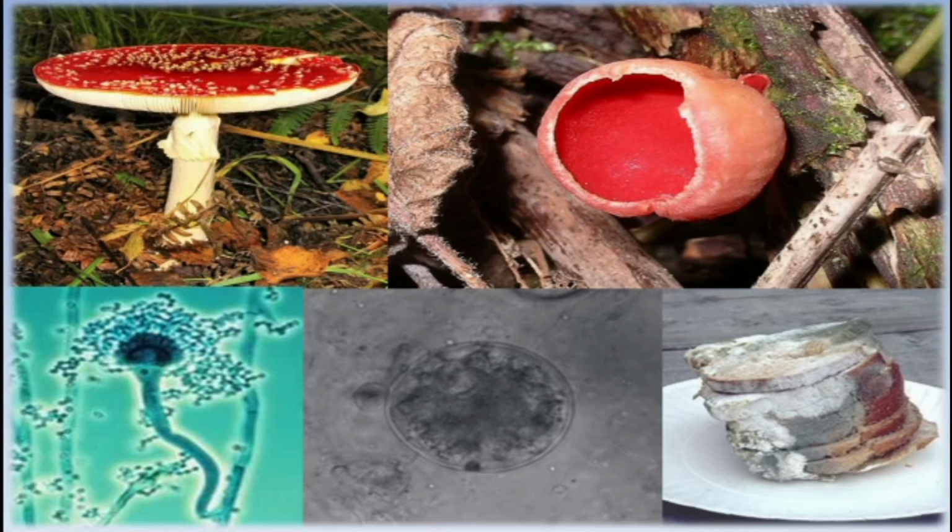So fungi we can observe both macroscopically and microscopically, and also on waste material, unwanted substances, and in food material. So these are the fungi characters. It survives on dead organic matter and also on some food material.